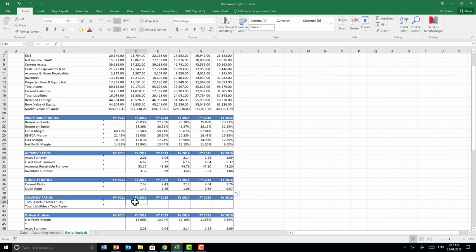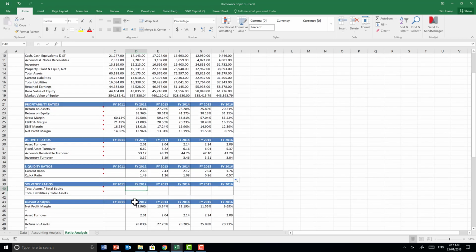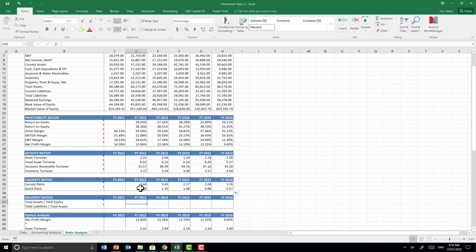Now, for the solvency ratios, we're primarily just looking at two simple ones, and that's total assets divided by total equity. And again, if you see here, the hint is exactly the same as what the text says, so you don't actually need the hints in this case. So again, we have two balance sheet items, so we need to average both the numerator and the denominator in this case.